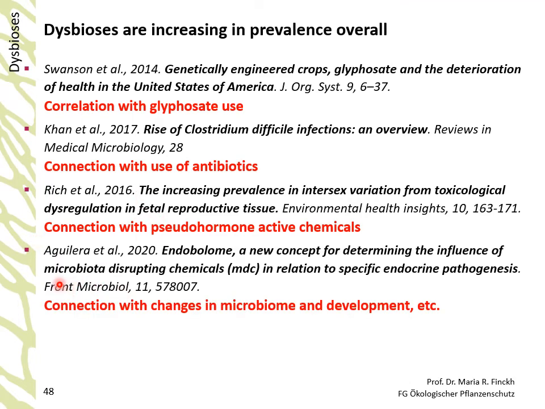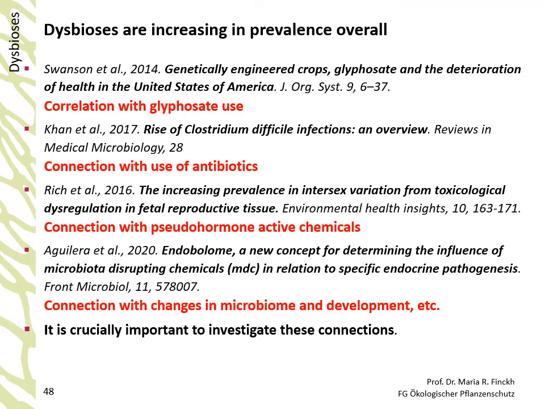Then Aguilera et al. show a connection with change in the microbiome and development, looking at the influence of microbiota disrupting chemicals in relation to specific endocrine pathogenesis. Endocrine pathogenesis means hormone-related diseases.